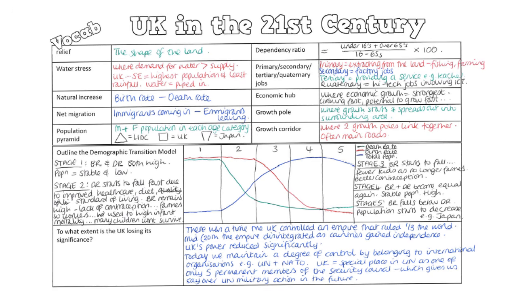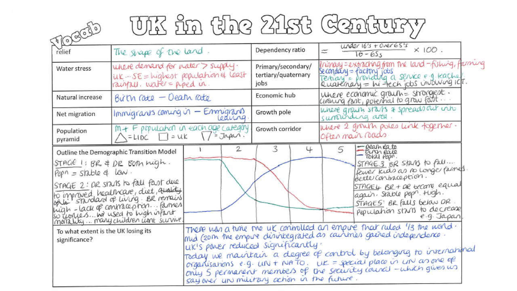As we move into stage 2, the death rate starts to fall quite fast due to improvements in healthcare, better diets, better clean water supplies, so better standard of living. But the birth rate remains high due to a lack of contraception, the fact that most people are farmers, so they want lots of children to go out and help them to work, and they are used to high infant mortality.